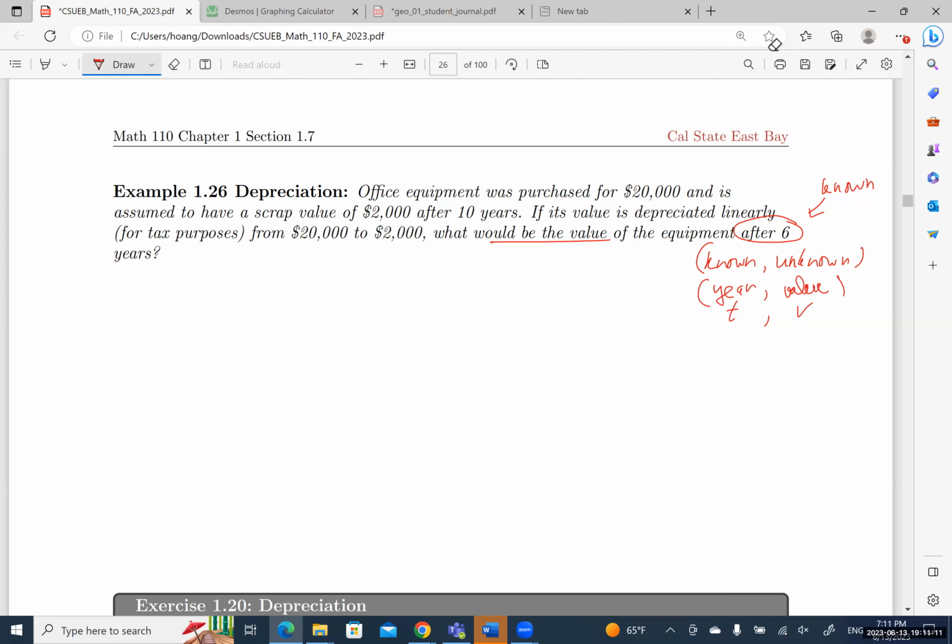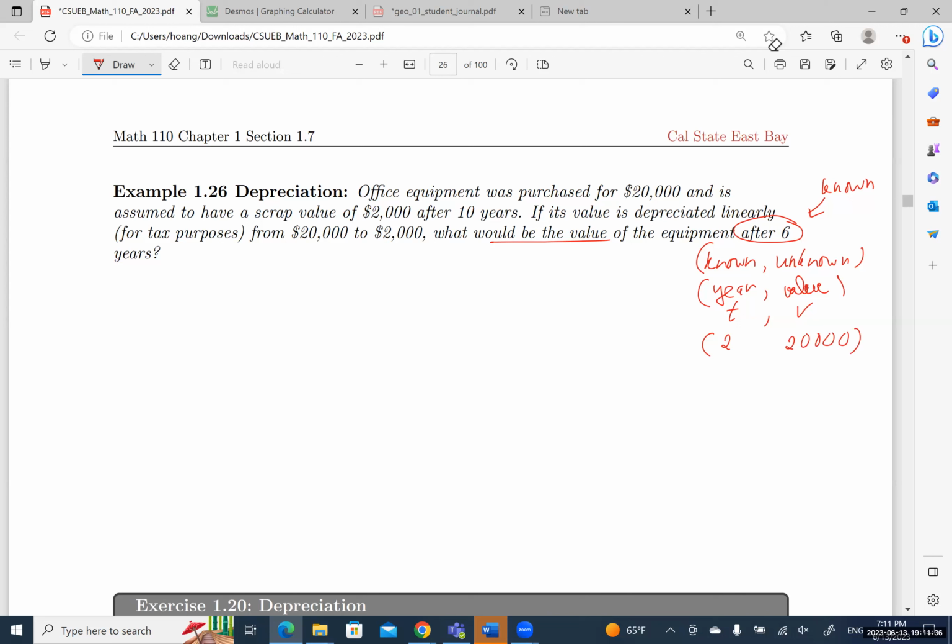Okay, so they say office equipment was purchased for 20,000 and it's assumed to have scrap value. So at first the value was 20,000, right?